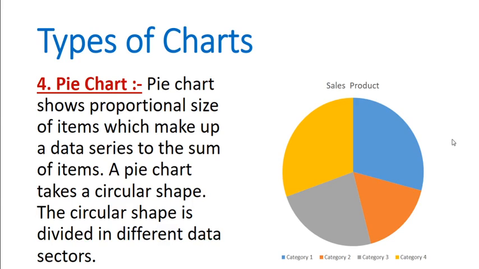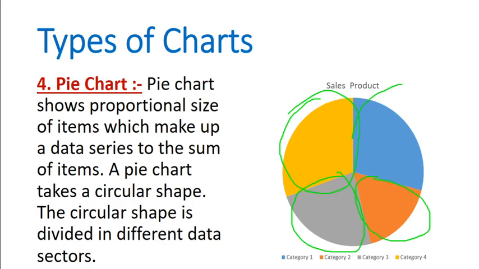So as you can see here, the pie chart is divided into different sectors, 1 2 3, and then another one here, 4.